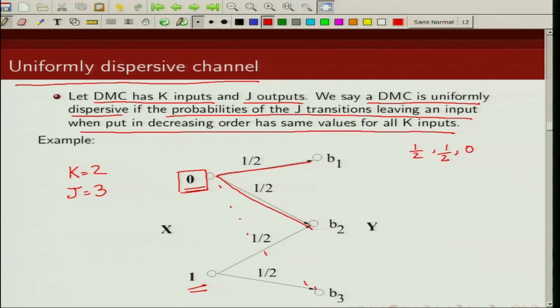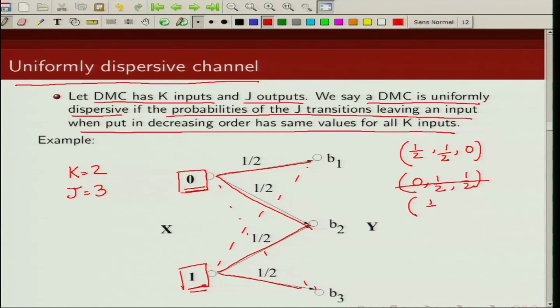If I arrange these transition probabilities in descending order, this will be my order. Now, look at this input 1. This is 0, this transition probability is half, this transition probability is half. If I arrange this in descending order, this would be half, half and 0.